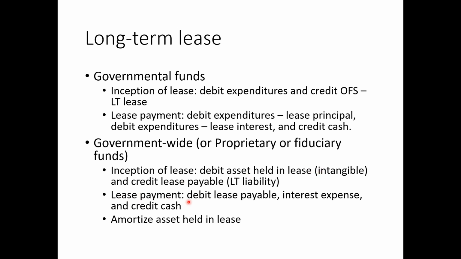When we pay the lease, we debit lease payables, interest expense, and credit cash. Why do we have lease payables? Because the liability has been recognized already, right here.